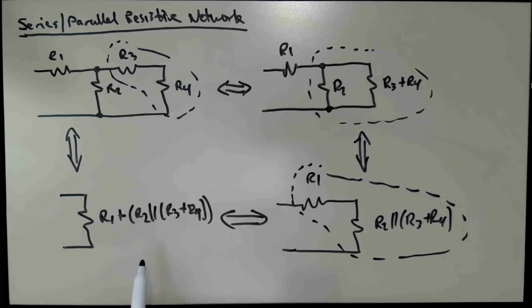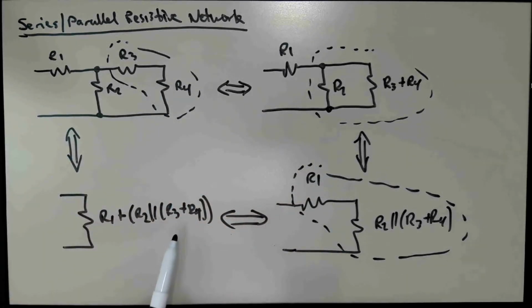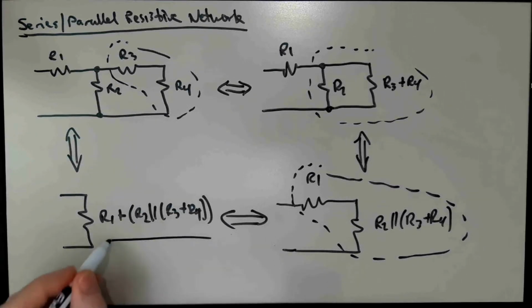And of course, when you're first starting out, it might be helpful to draw a series of pictures like this that explicitly shows what we're doing as we go through this sort of collapse. But you can also read this expression directly off the topology of the original network.